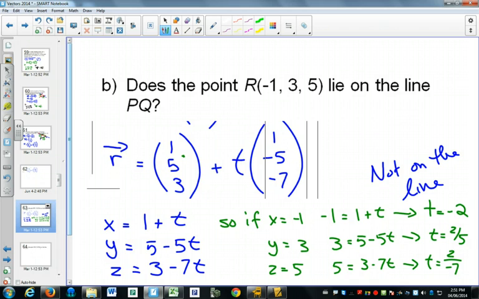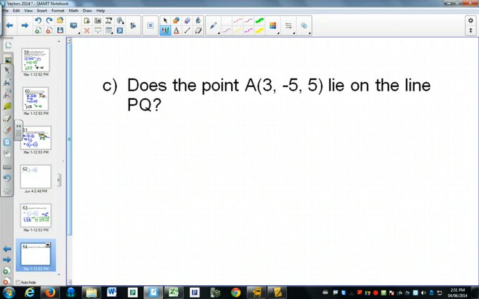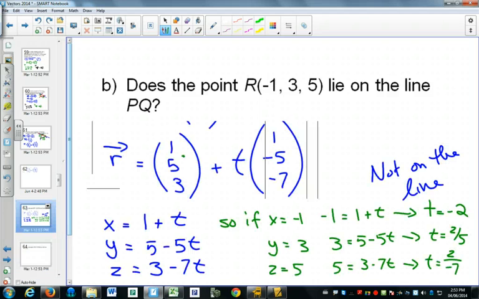How about this point? You try it on your own. So again, I'm going to steal the parametric equations from the last one.